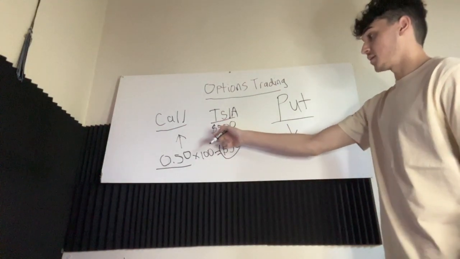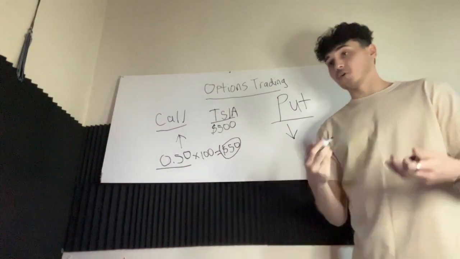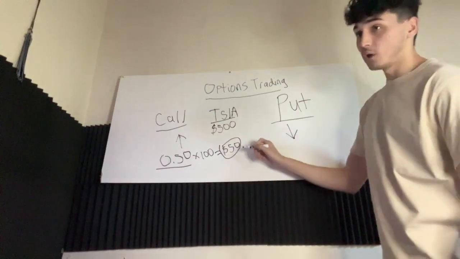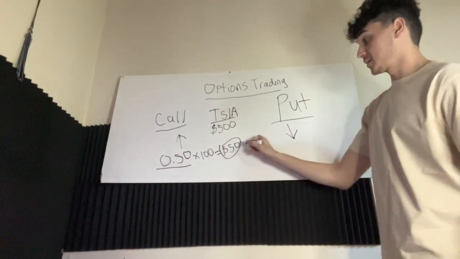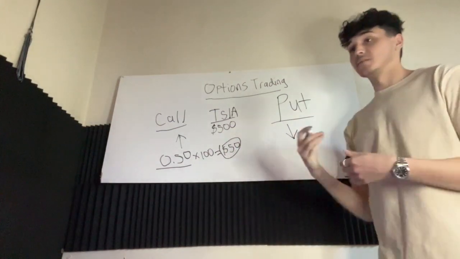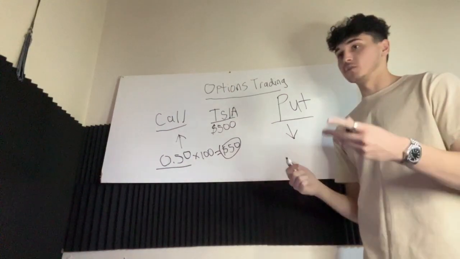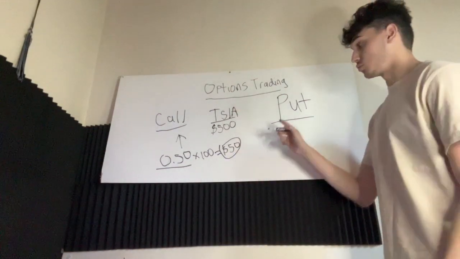So now that the Tesla stock is at 500, let's say that it starts moving up to 501, 502, etc. This option contract, which is $50, gets more valuable, aka that $50 turns into 51, 52, 53, 54, etc. as Tesla continues to move up.